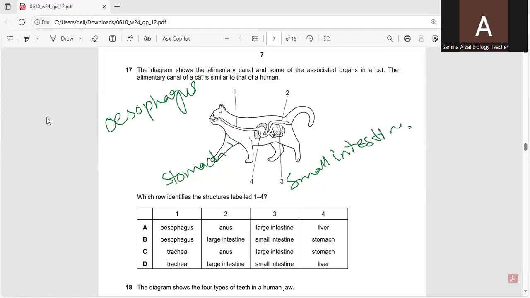And number 2 is large intestine. So according to this, B is the correct option. At 1, esophagus, number 2, large intestine, small intestine, and stomach. So B is the correct option. A, C, and D are not the correct options.